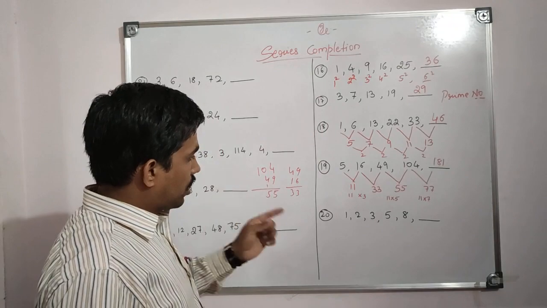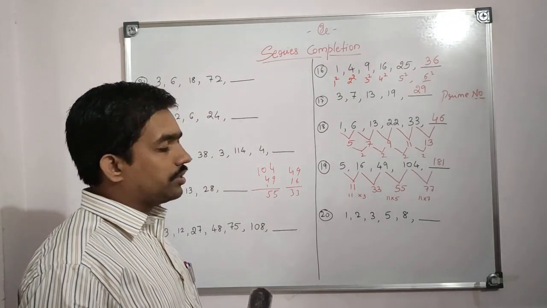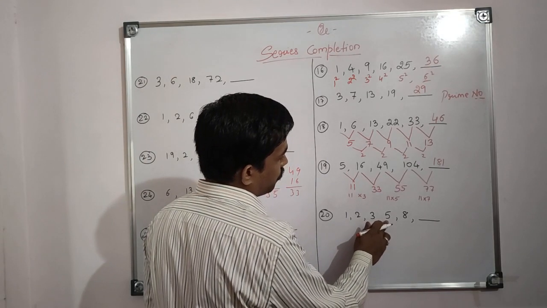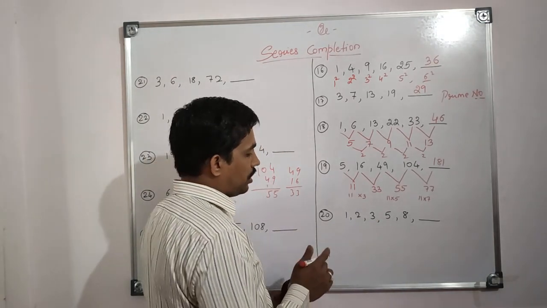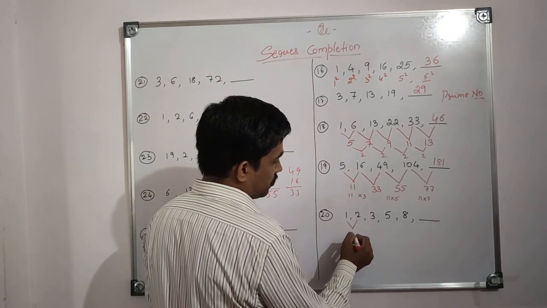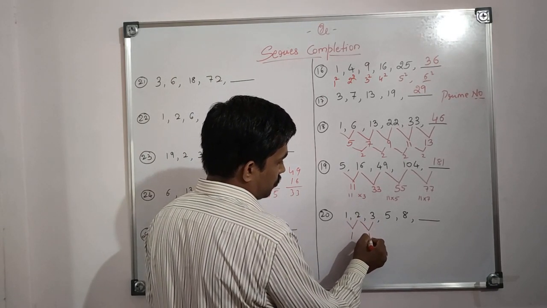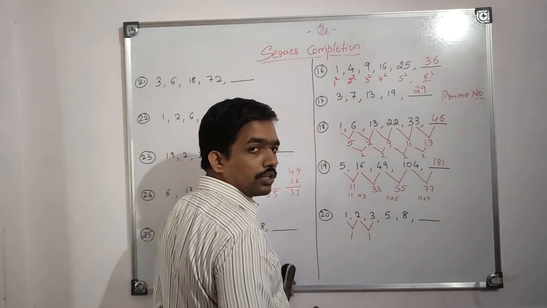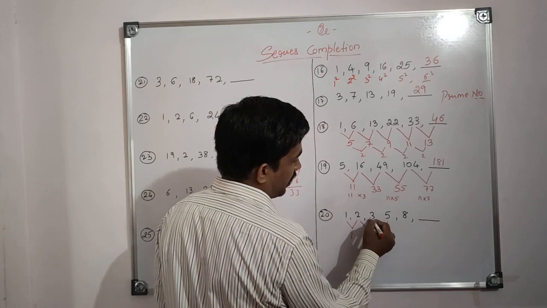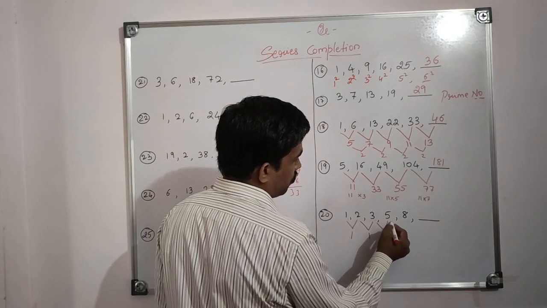So now coming to our fifth question. 1, 2, 3, 5, 8. Initially we will start with differences. 1, 2, the difference is 1. 3 minus 2 also has difference 1. And 5 minus 3, the difference is 2.